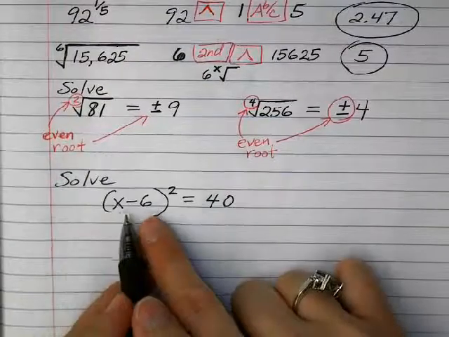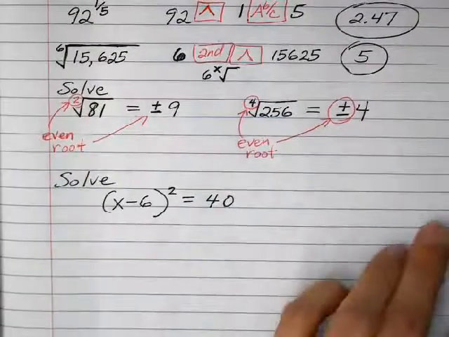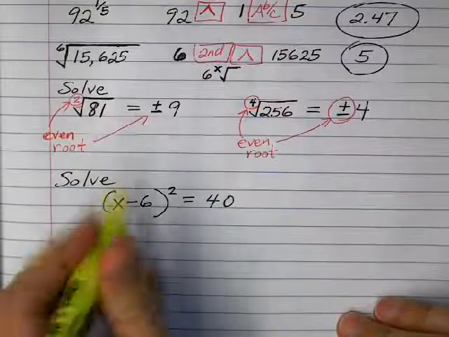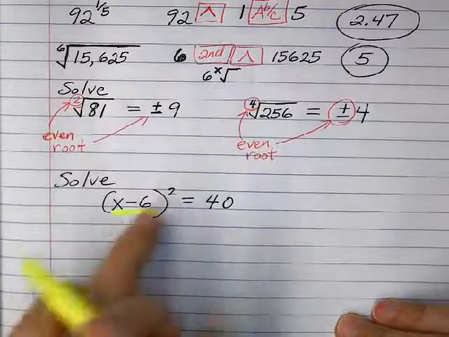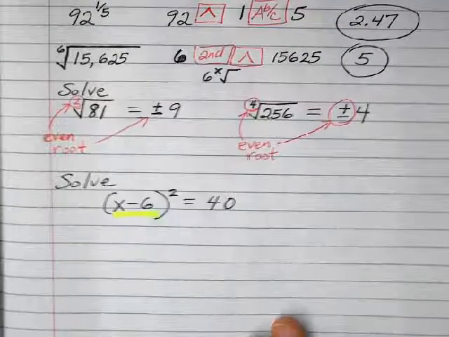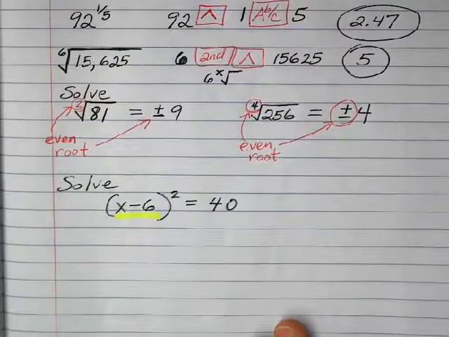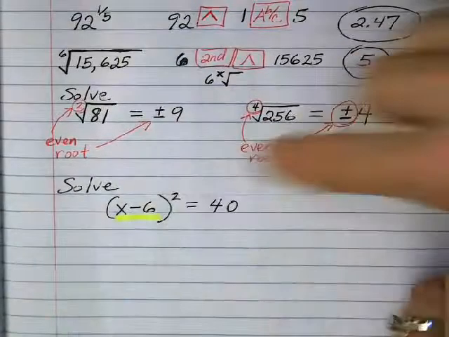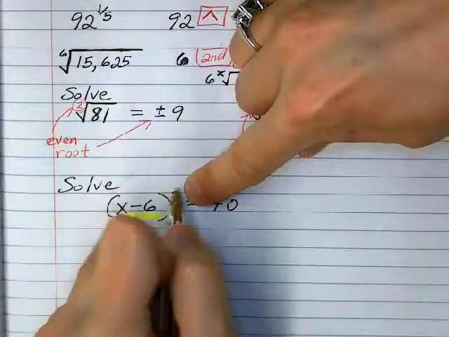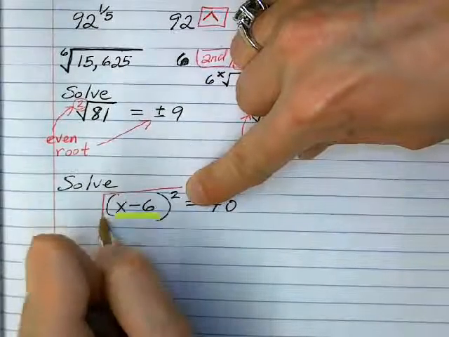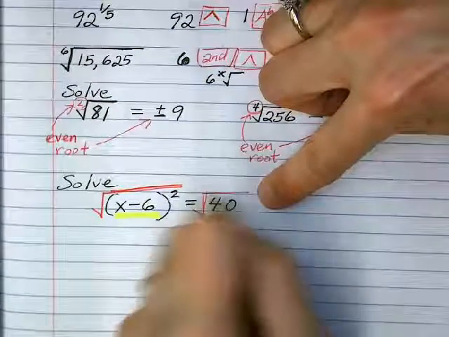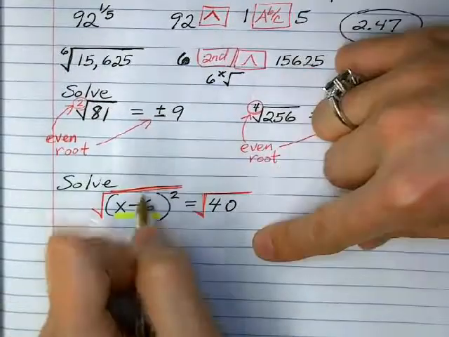So this whole parenthesis thing has x minus 6 in it. And this whole thing's to the second power. So if you're going to solve something, you have to do the opposite. To get rid of this second power in the problem, you're going to have to take the square root of both sides to solve it. Because the square root cancels the 2 that's right there.